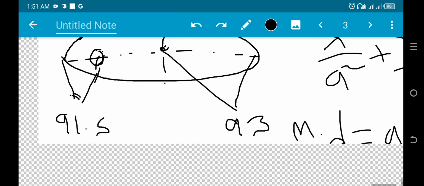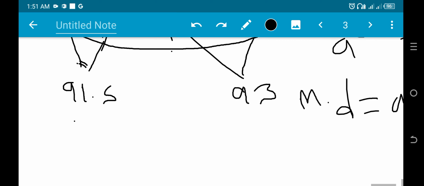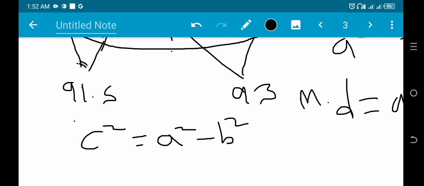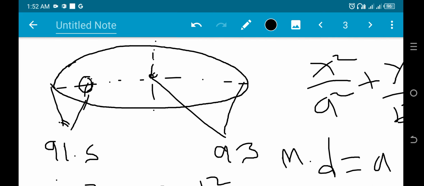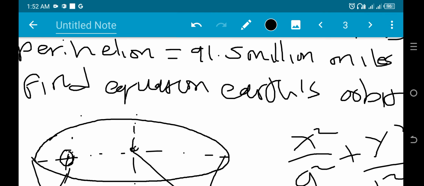We know that for the ellipse, c squared is equal to a squared minus b squared. So do we have c? We don't. But can we find c? That's the question. If you look at this, we know that the distance for c is here.